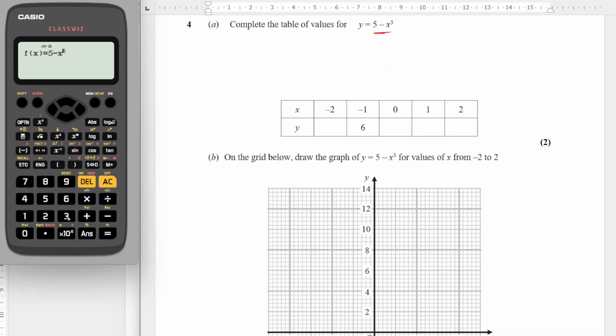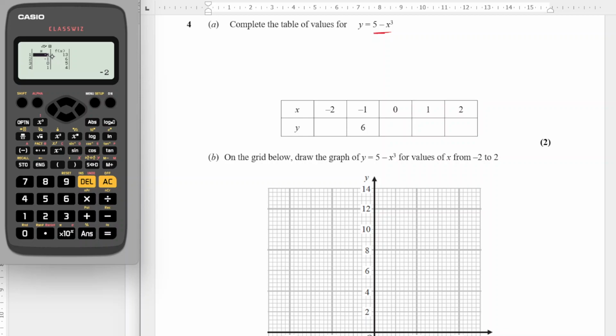So that's my cube button. I'll then get, when I press equals, the option of putting in a second function, but I don't need the second function. I want my values to start at minus 2. I want them to go up to 2. And I want them to go in steps of 1, which it's already set up for, and then that does the table for me.